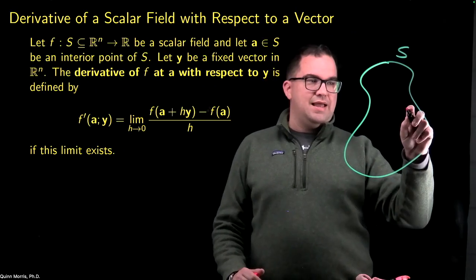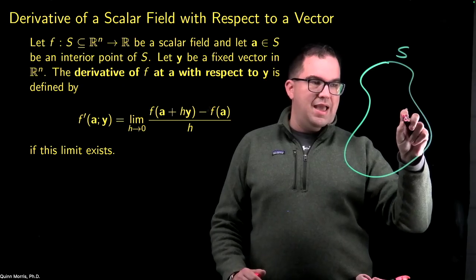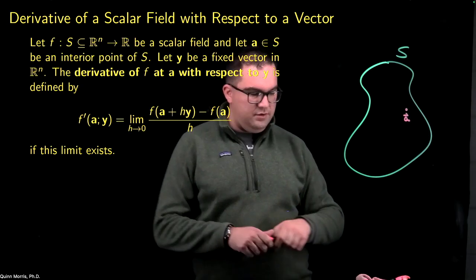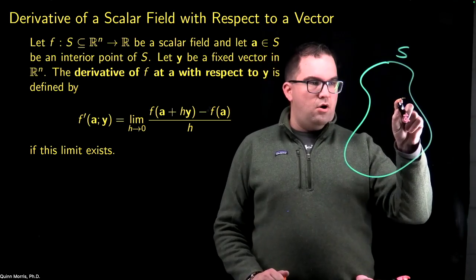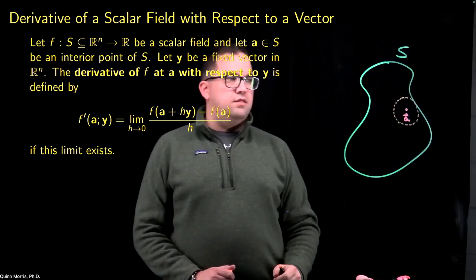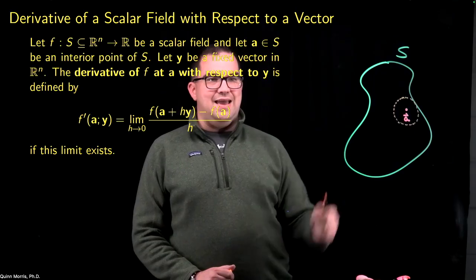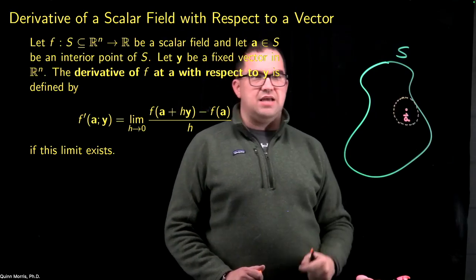So S could be any set; A just needs to be an interior point of that set. So what does it mean for A to be an interior point of this set? Well, it means that I can find some ball, centered at A, such that this open ball lives entirely inside S.